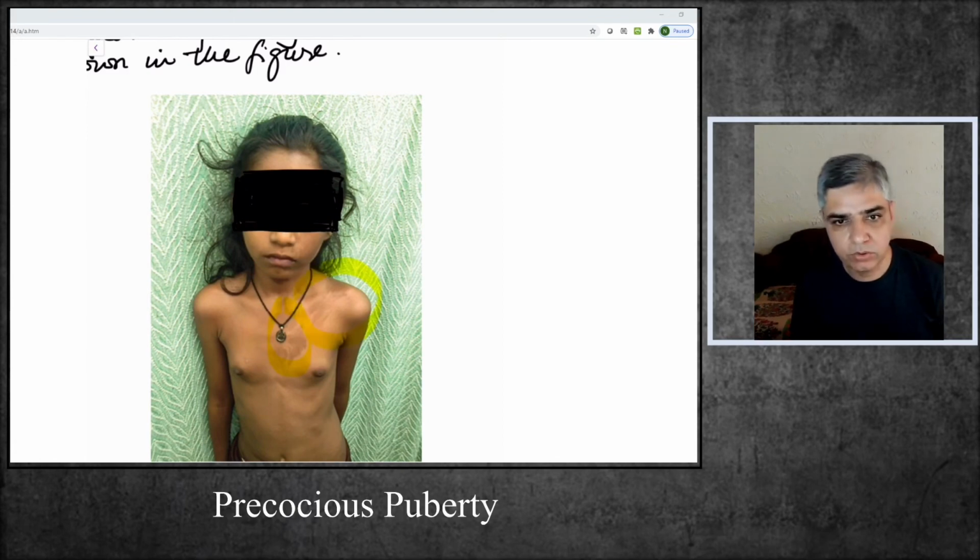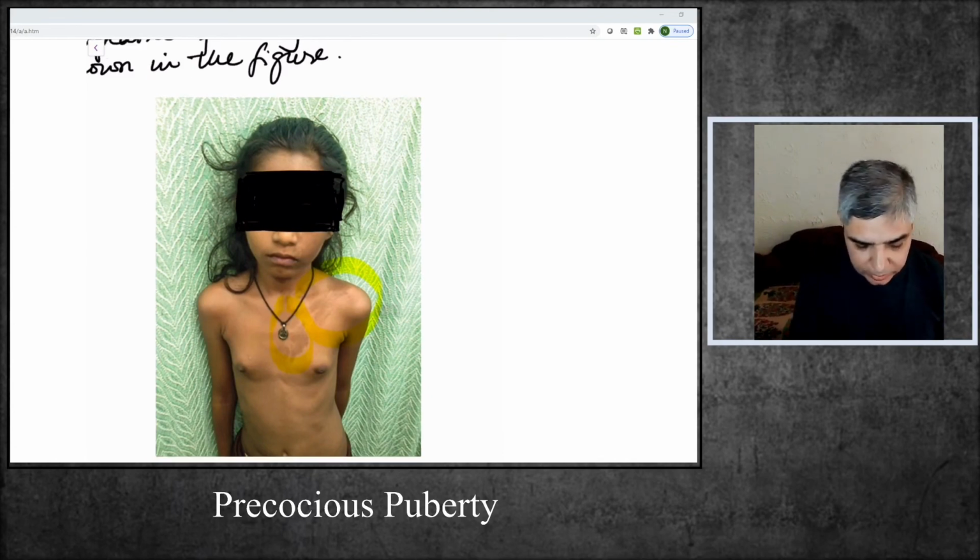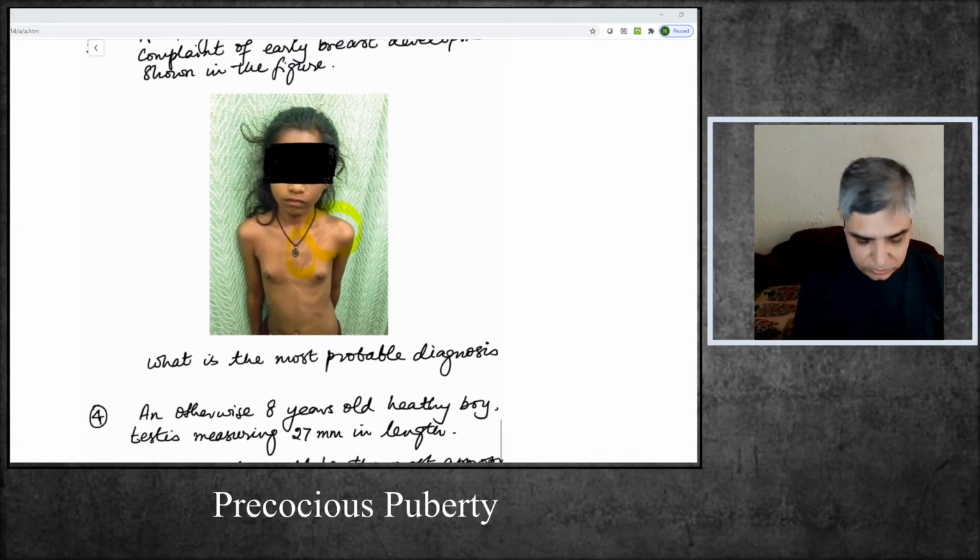These are ccafé au lait spots. So café au lait spots with precocious puberty, remember, you should think of McCune-Albright syndrome. If it is associated with polyostotic fibrous dysplasia, then you are thinking of McCune-Albright syndrome. So the most probable diagnosis in this case is McCune-Albright syndrome.